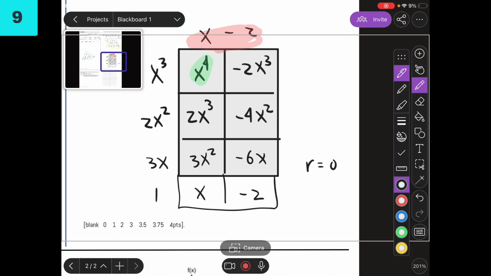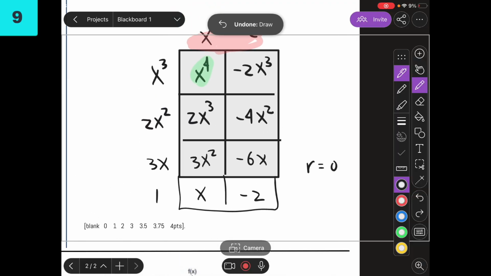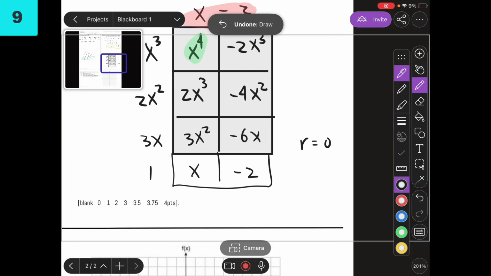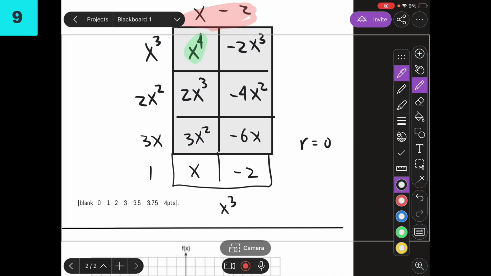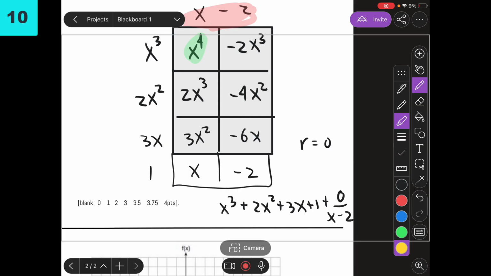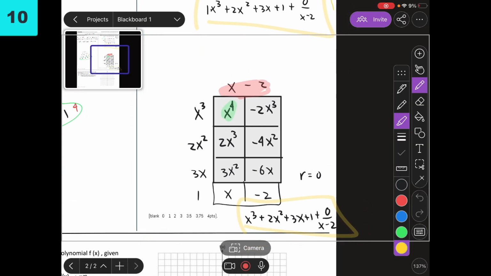And finally, my answer is this stuff on the side, plus remainder. So it's x cubed plus 2x squared plus 3x plus 1 plus remainder 0 all over my divisor. And this is my final answer, which matches what I have up here.